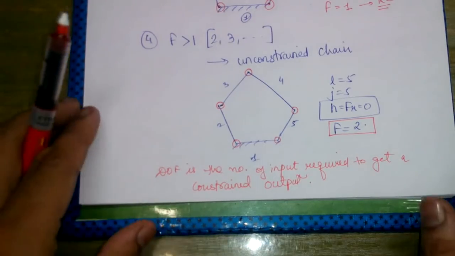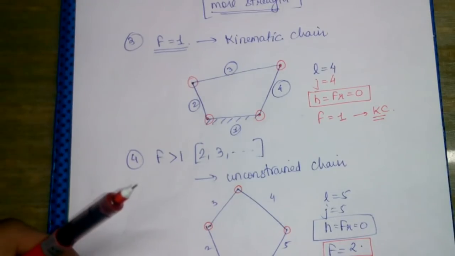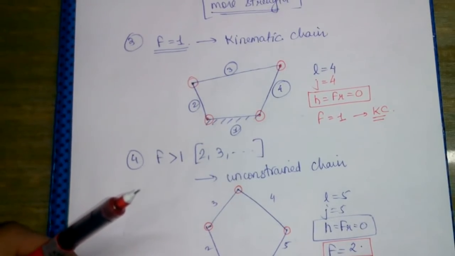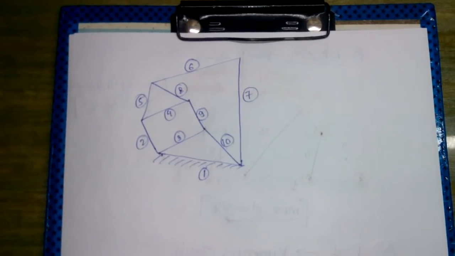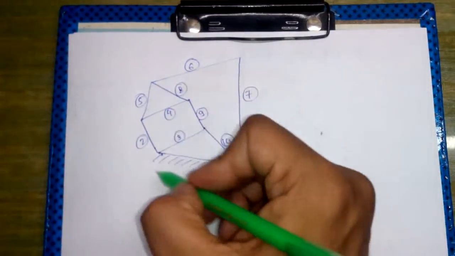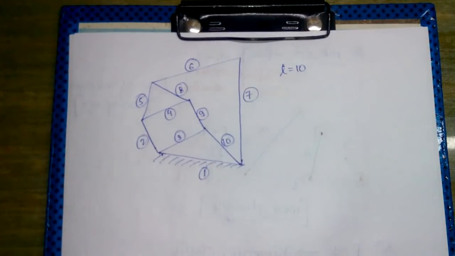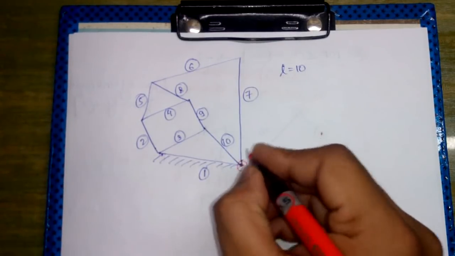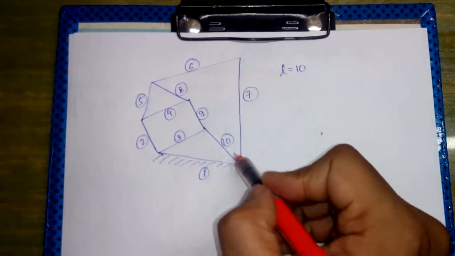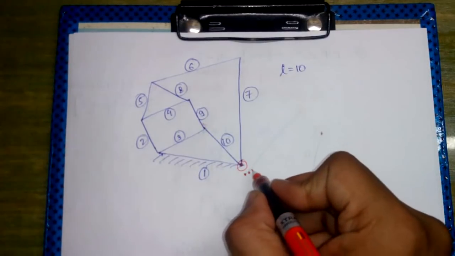Okay, now we will do some examples where we will try to find out the degree of freedom of the given systems. So this is the example where we need to find out the degree of freedom. In the current diagram we can see the number of links is 10. Now we will find out the number of binary joints. At this point 3 links are connected, 1, 2 and 3, so it becomes equal to 2 binary joints. Therefore I am putting 2 dots here.